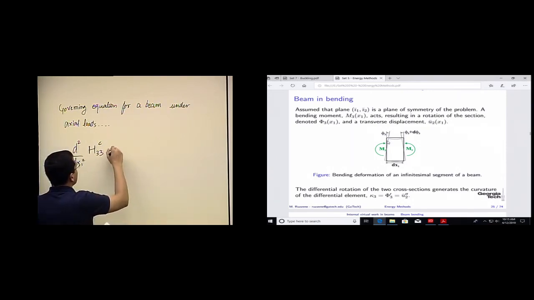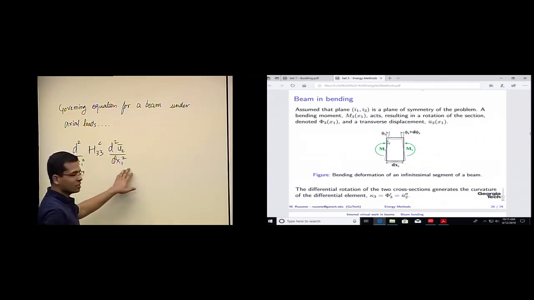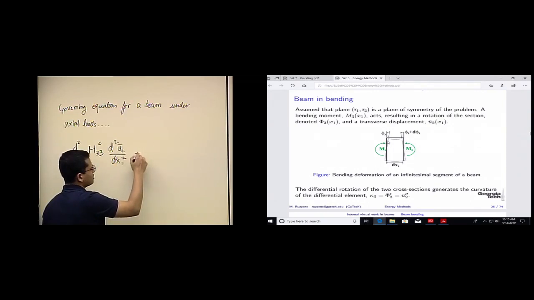And then I have transverse displacement U2. Then what was the next term?